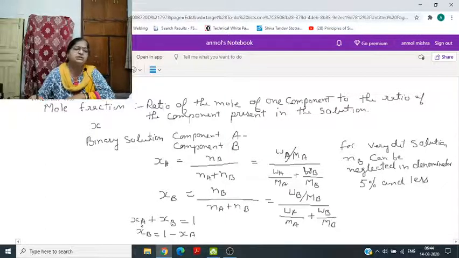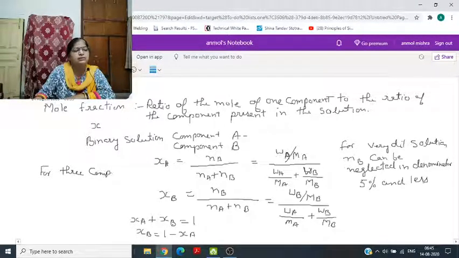If it is a ternary solution, meaning containing 3 components, then XA plus XB plus XC is equal to 1.